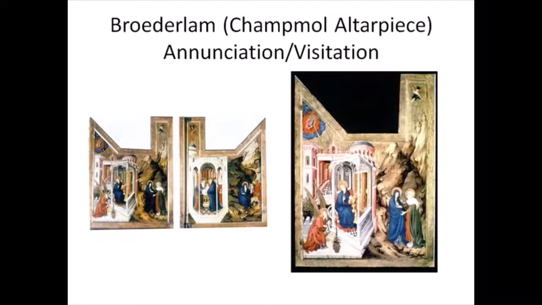The architecture kind of looks like a dollhouse. The landscape is out of proportion with the figures. But the softly rounded shapes and the use of shadows creates a sense of light, a sense of air that more than makes up for any shortcomings that you can find in scale or in perspective.